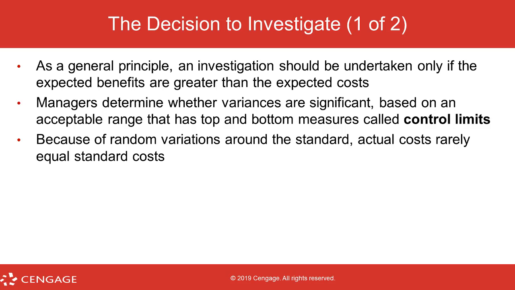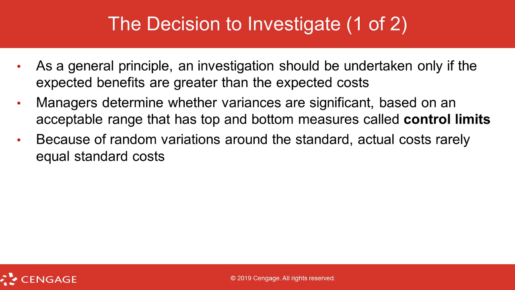So as managers, you have 1,000 things to do all day. You probably can't be looking at all of these standard costs on an individual basis with any regularity. So you place control limits around them. And we know that with budgets or with standard product costs, actual results will probably vary from what the standard is.